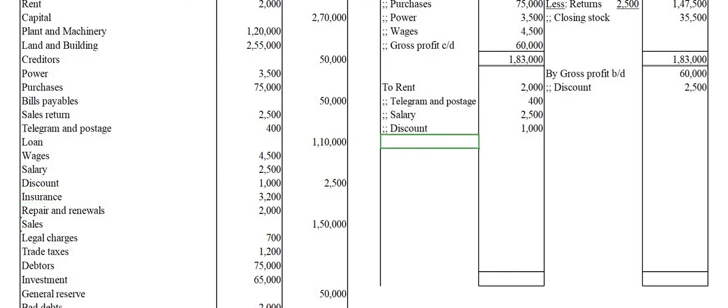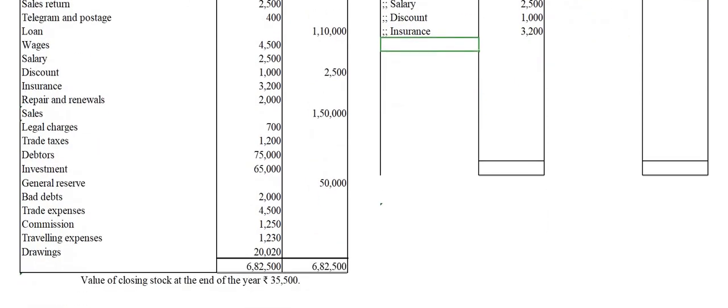Okay. Next item. Discount over, next expense is insurance. So let us write insurance. Insurance amount 3200. Then after insurance, what is the next item? We can write the next item here. It is given commission. Commission can be written now.